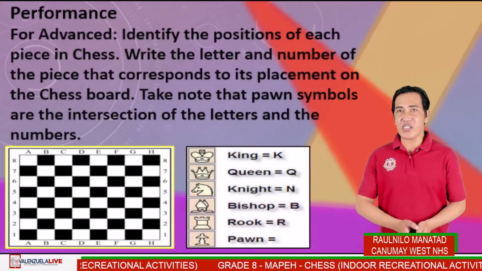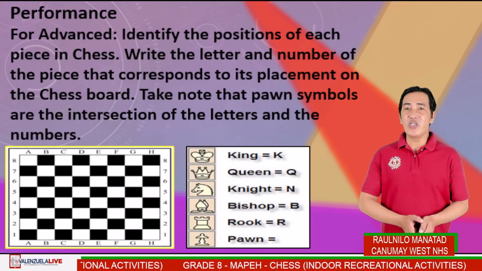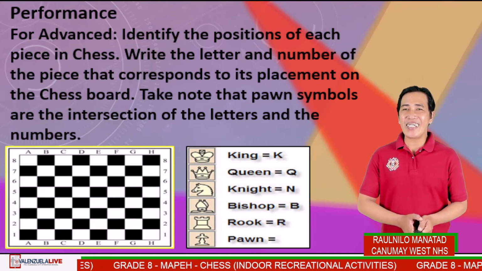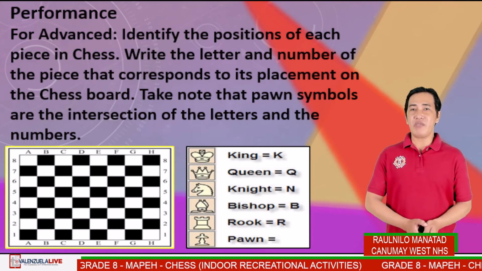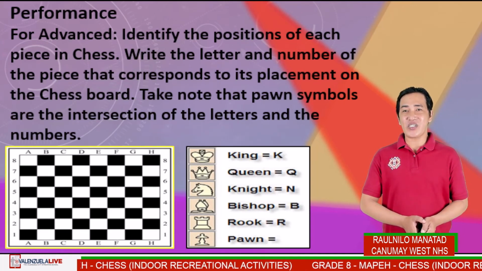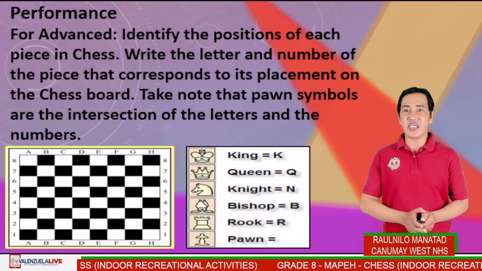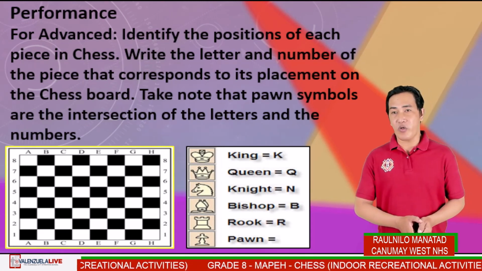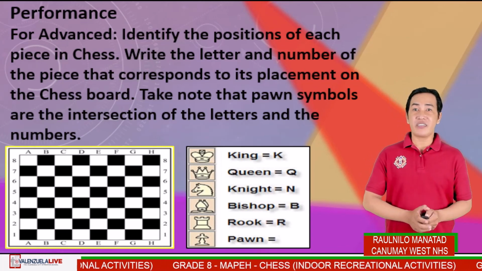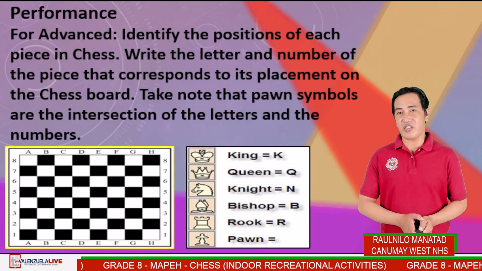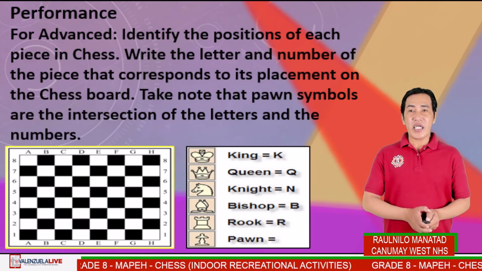For the advanced, using the given equivalent letters of each chess piece, identify the position of each piece in chess. Write the letters and the number of the piece that corresponds to its placement or location on the chessboard. Take note that the symbol of a pawn is the intersection of the letter and the number where it is located.